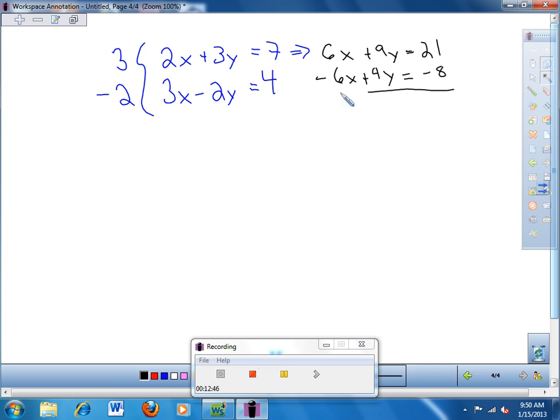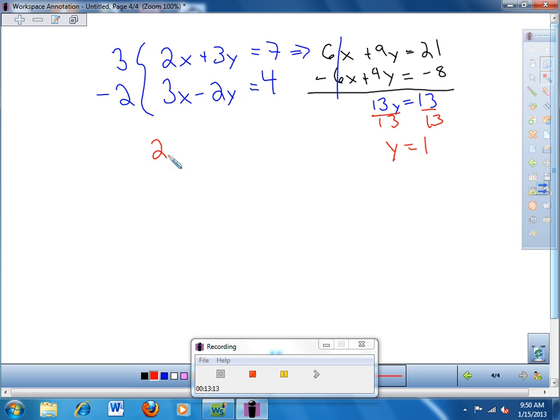And now I can add them together, and this goes away, and I get 13y equals, oh look at that, 13. So then I divide by 13, by 13, and I get y is 1.